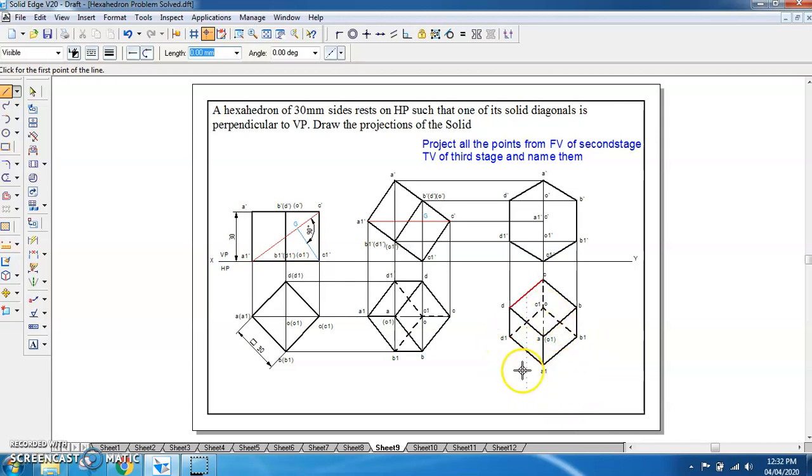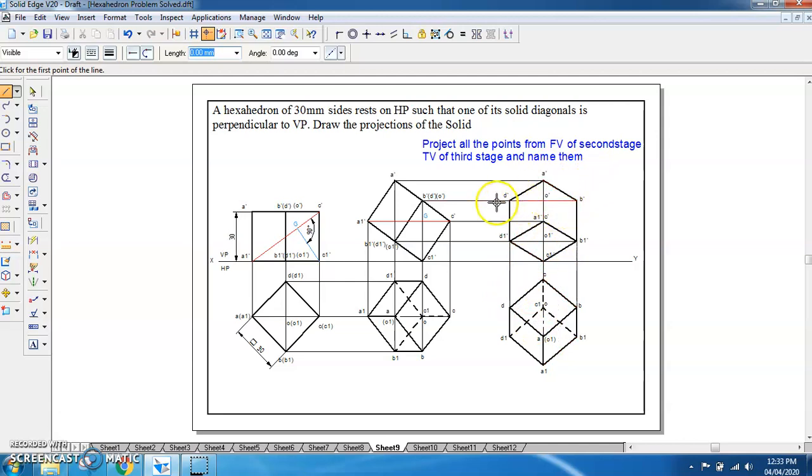Now here, A1, B1, C1, D1 is nearer to the observer than ABCD. So A1, B1, C1, D1 will be visible. A1 is here; from here it will be visible, and then from here it will be visible. If A1, B1, C1, D1 are visible, then the other face will be invisible.